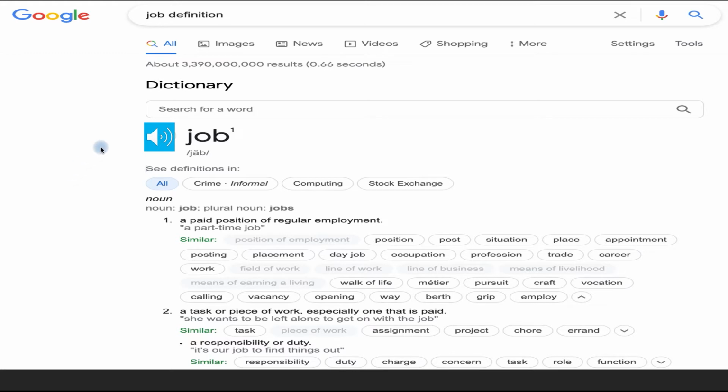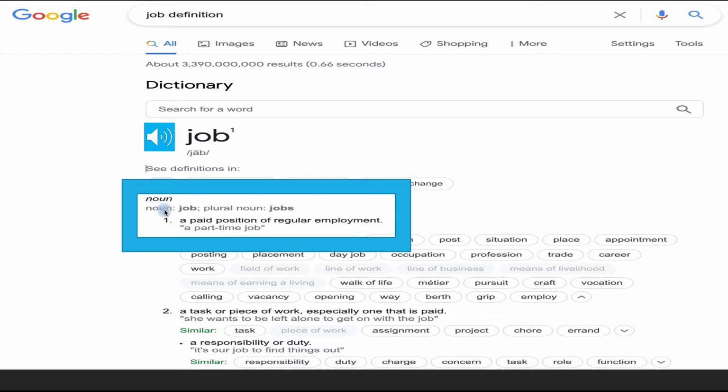You can see here, it says job under dictionary. And you're still asking, what's the connection with occupation? Well, a job is a paid position of regular employment. That's the definition.